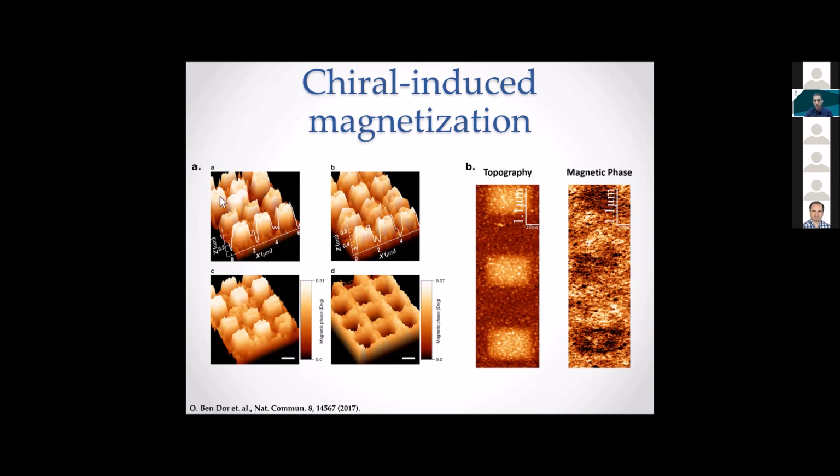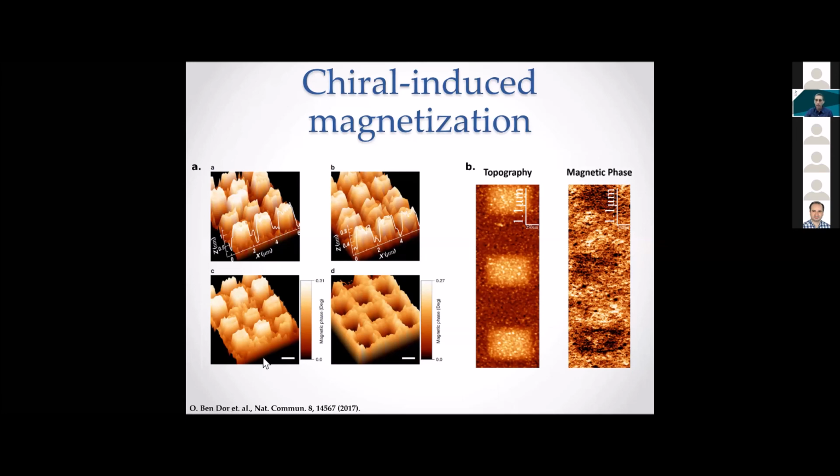The difference between these two pictures is the handedness of the molecules. So these are reverse handedness molecules, but the topography is the same. But a similar MFM image, a magnetic image, shows the opposite magnetization induced within the sample due to the handedness of the chiral molecules adsorbed on top.